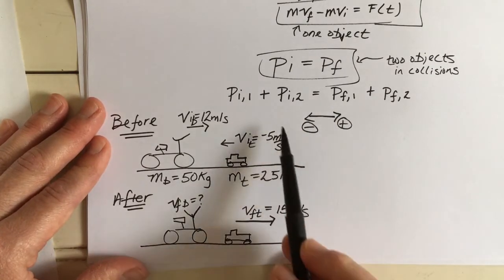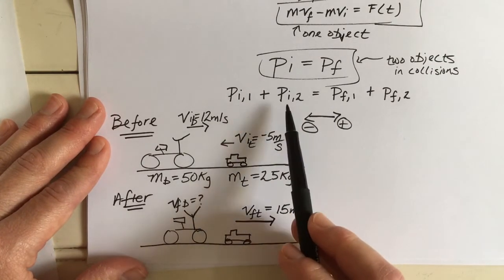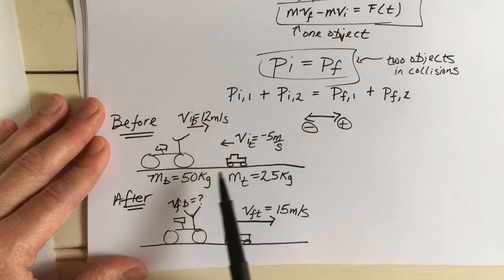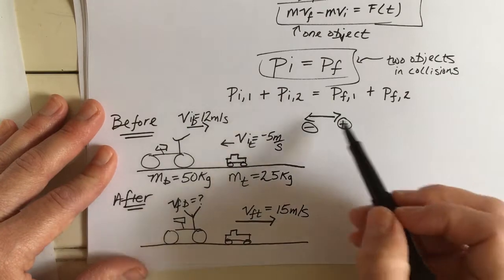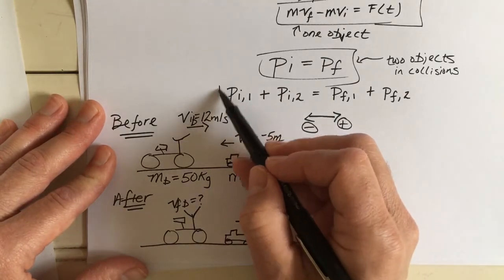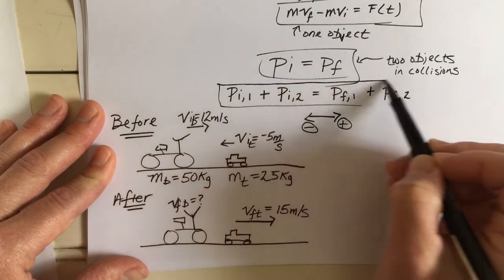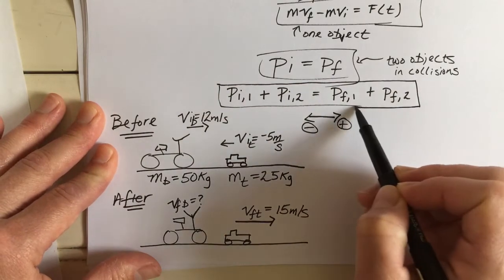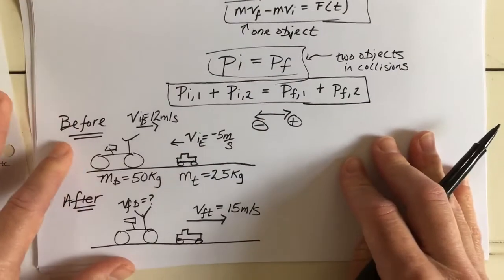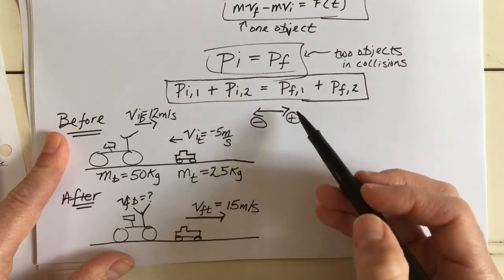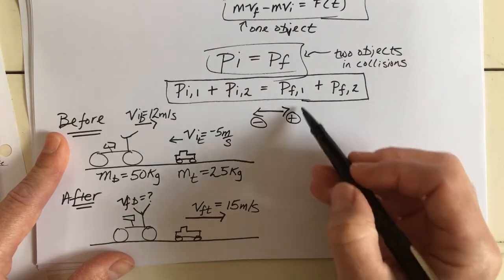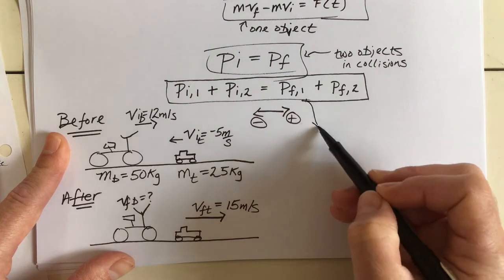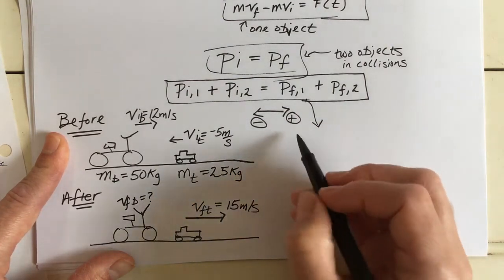But you notice here we have P written for each of these, and that here we have M and V. So what we're going to do then is take this formula, and I'm going to write it one more time, but specifically for this problem. I'll show you what I mean here in a second.